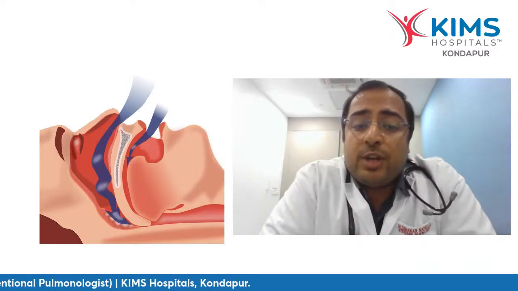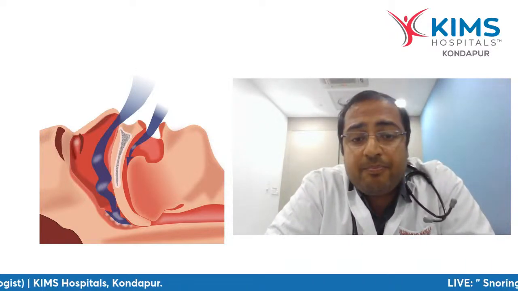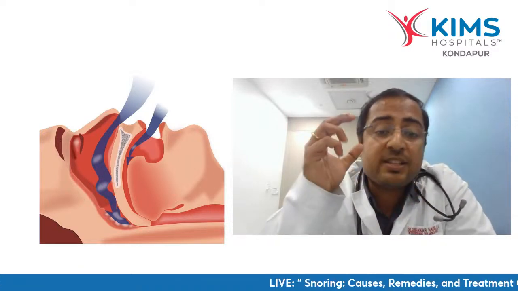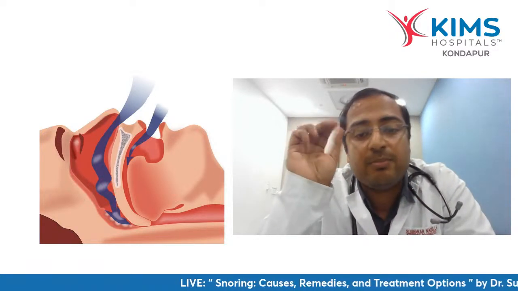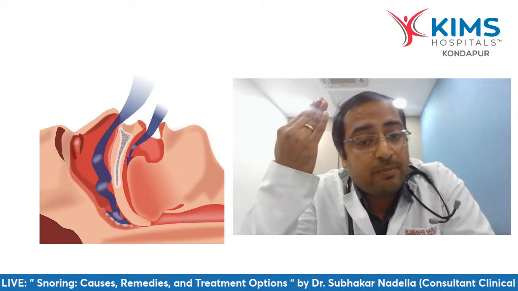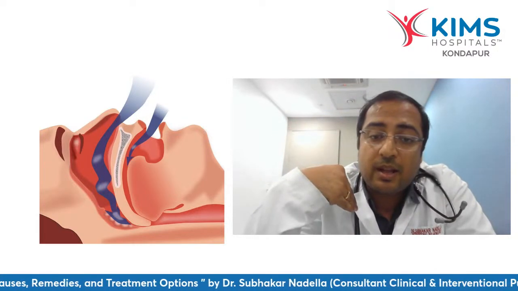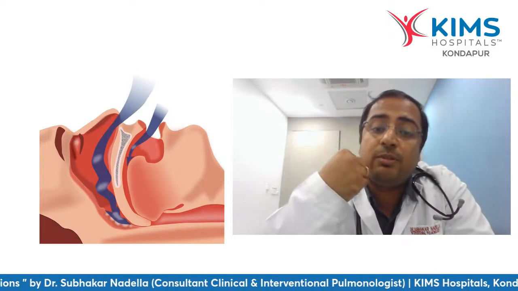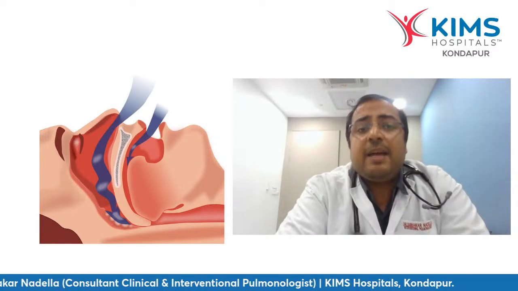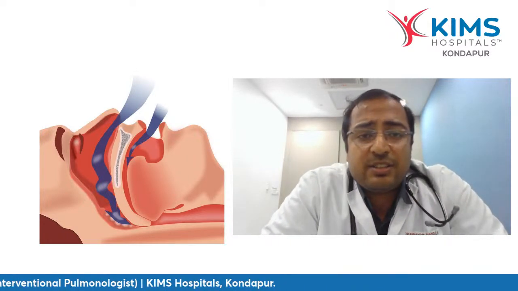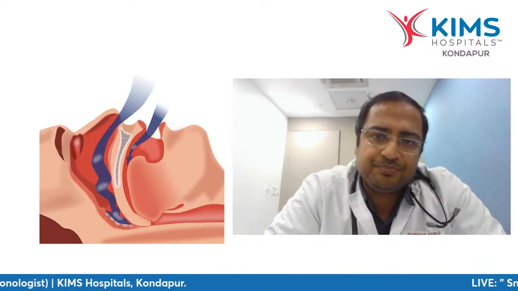So apneas are of two types. One is obstructive sleep apnea, the other is central apnea. In central apnea, we don't have the signal coming from the brain. Whereas in obstructive sleep apnea, the signal comes from the brain to our muscles, but the air passage is affected. Central apneas we see mostly in neurological conditions or strokes.